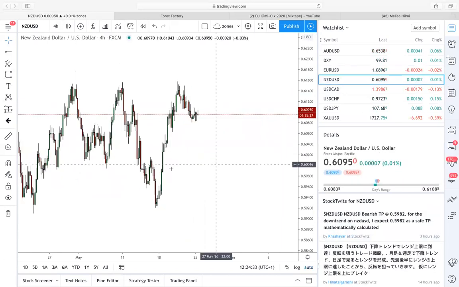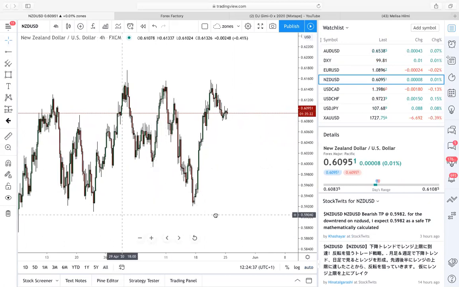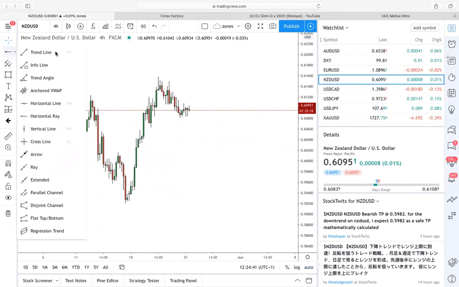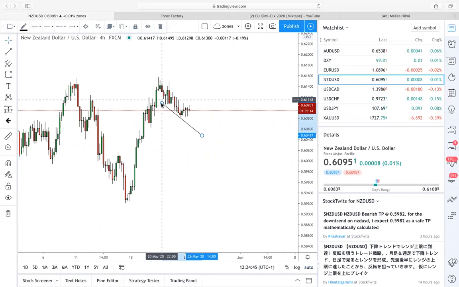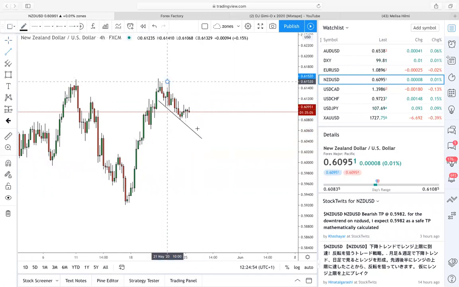So if we move on to NZDUSD, let's just move out of this a little bit. Okay, so again, it's been ranging for a while. Right now we've got this kind of miniature wedge going on. Okay, so right now we've got this kind of mini flag, not a wedge, forming.